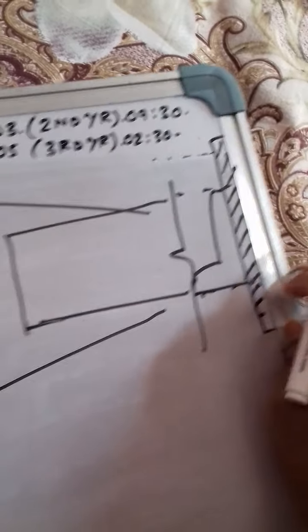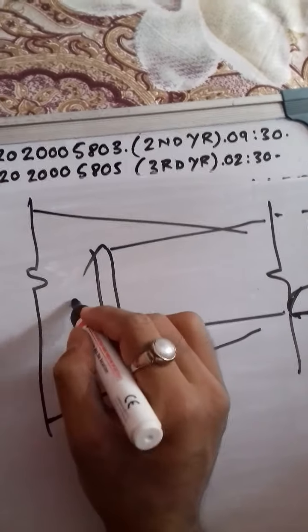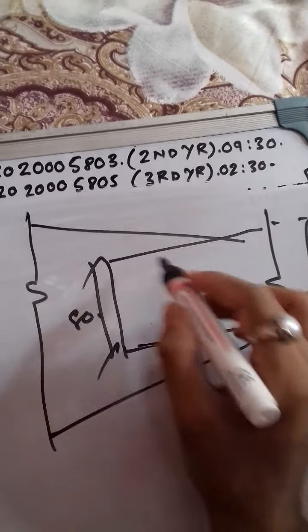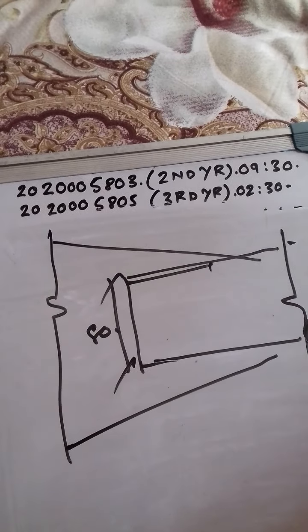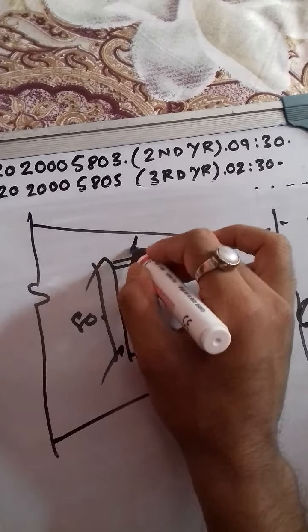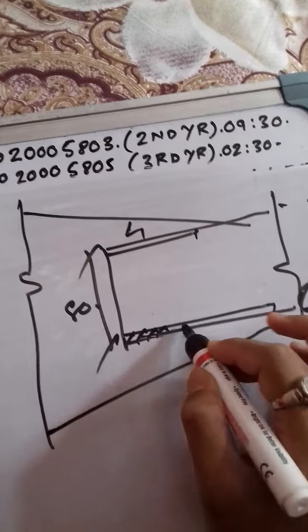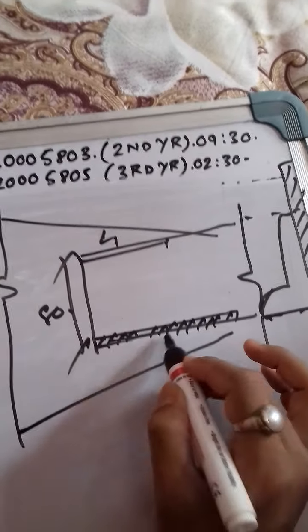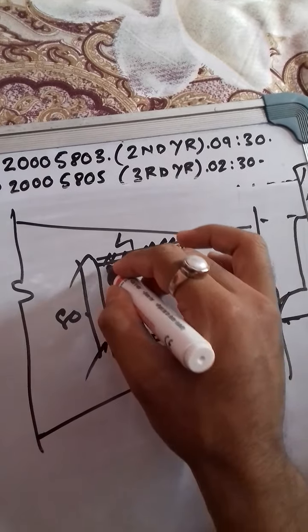This is equal to 80, and welding is provided on the 3 sides. So suppose this is L1, this is L2. These are the sides where the welding is provided, and welding is provided here also.